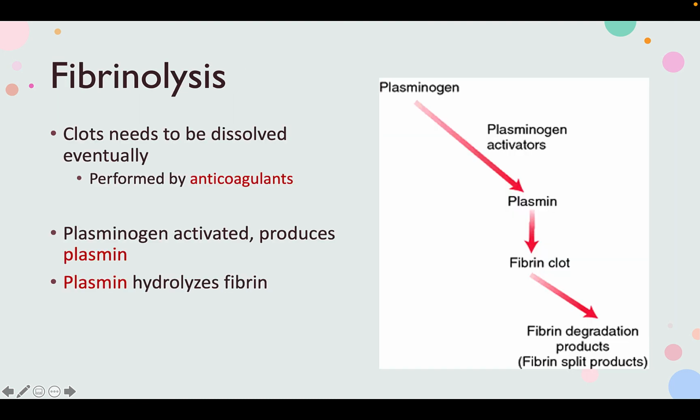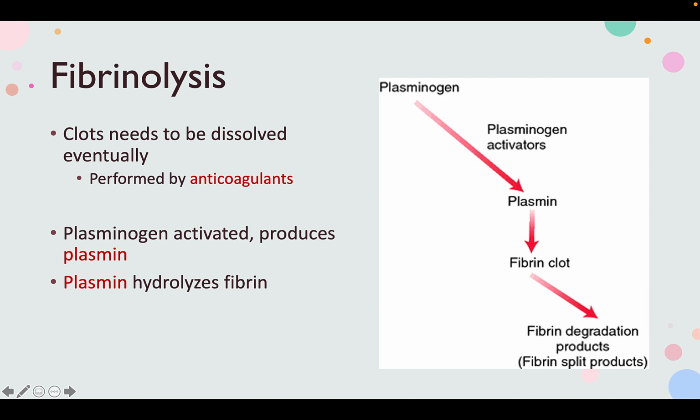So fibrinolysis is the act of removing the clot. So the tissue needs to heal, and so in order to heal, we got to remove that clot. So after we've been able to stop the blood flow, the clot can start being removed. They have to be dissolved, and this is via anticoagulants. And so plasminogen gets activated and produces plasmin. So plasminogen, just think of, and there's a lot of stuff going on coming up to this point.